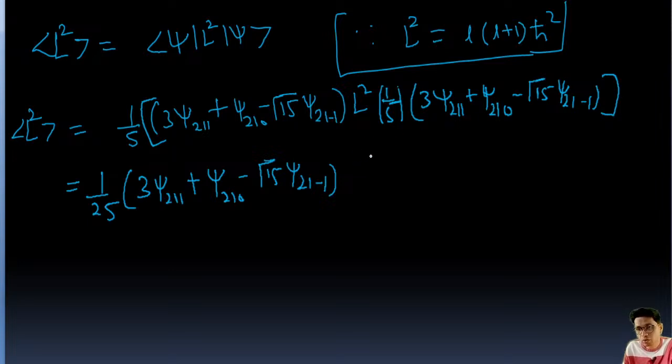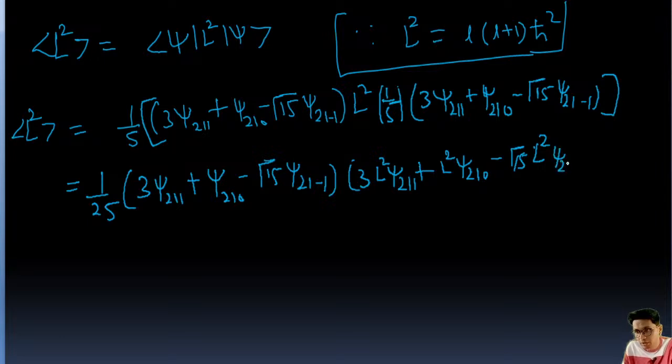So this is going to be 3 L square psi 211. I'm writing all these steps, guys, so that all your doubts will get cleared. Okay, so 3 L square psi 211, then L square psi 210, minus root 15 L square psi 21 minus 1.